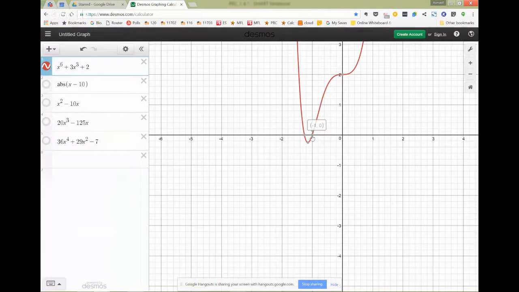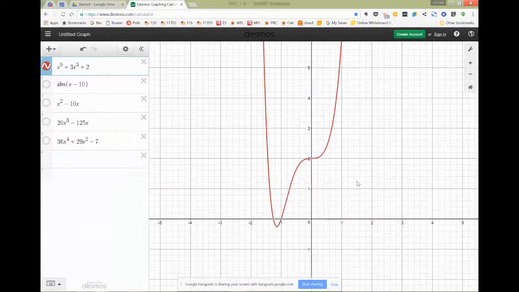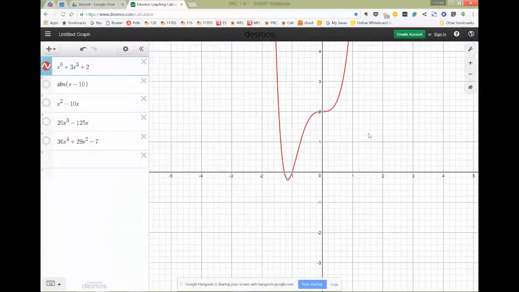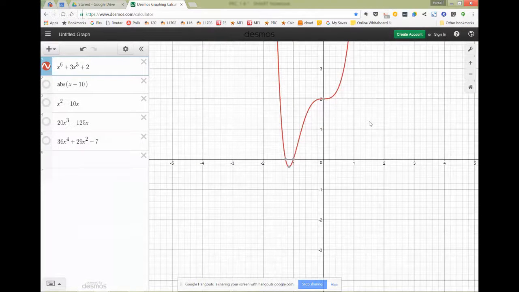I clicked on it. Do you see one answer is -1? That's what we had. And the other answer is the cube root of -2, and if you check, that is about -1.2. So 2 answers is correct. Here's what that looks like. It only crosses the x-axis, only equal to 0 at 2 points. So we have a confirmation.